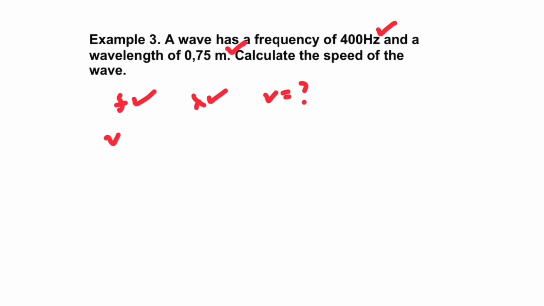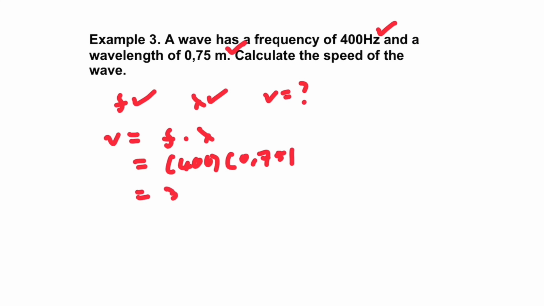So the wave speed is equal to the frequency multiplied by the wavelength. So we have 400 multiplied by 0.75, which is equal to 300 meters per second. And just like that, we have answered our question.